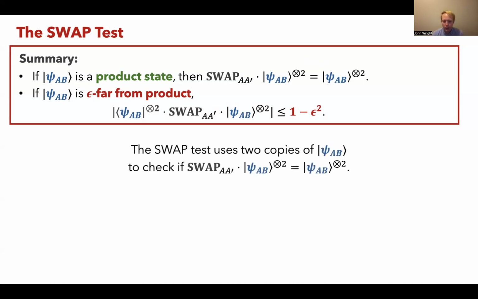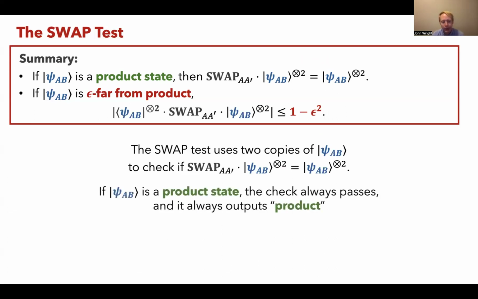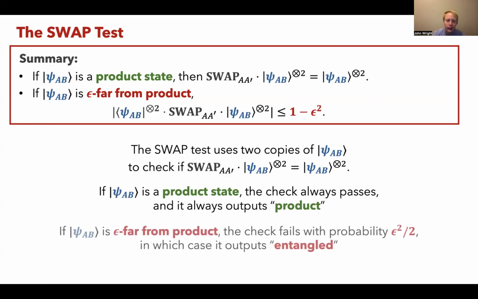So the swap test is going to use 2 copies of psi to test: is it the case that if I take psi tensor 2 and apply swap to it, do I get back psi tensor 2 or not? And if psi is a product state, then the check always passes, and it always outputs the word product. And if psi is epsilon far from product, then the check will fail with probability at least epsilon squared over 2. And in that case, it will always output the word entangled.